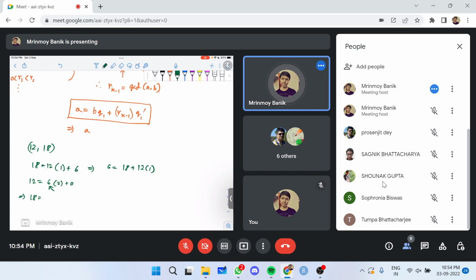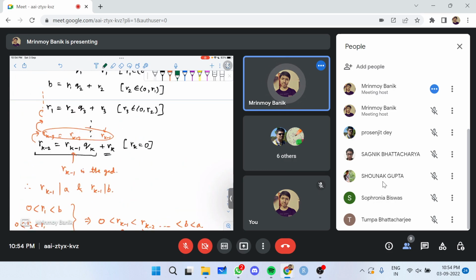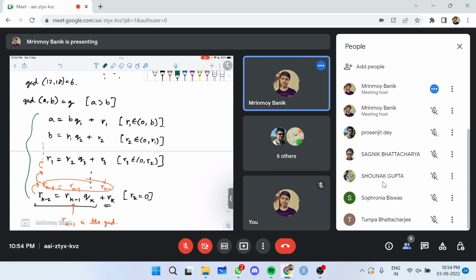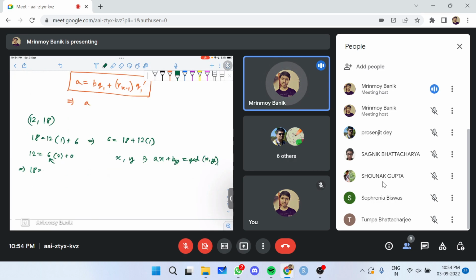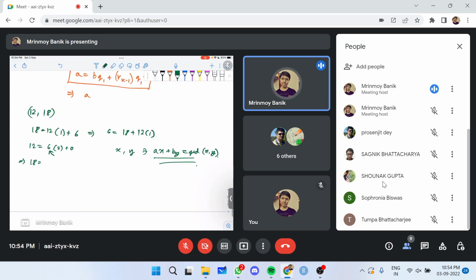So if you were asked to find x and y such that ax plus by is equal to the GCD of a and b, then you can carry out Euclid's algorithm, find the system of k equations, and then go on back substituting until you reach the first equation, and then you get an expression of the form ax plus by.